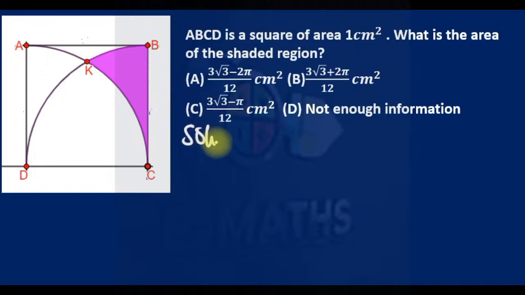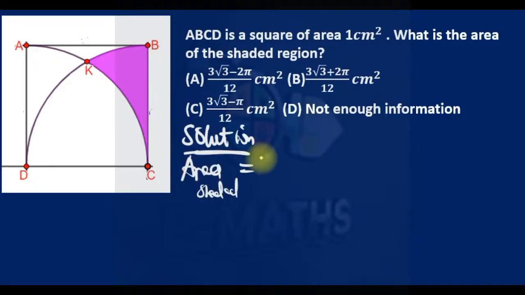So to solve anything of this form, once is a square with this part shaded, the area of shaded region is always equal to a squared over 12 times 3 root 3 minus pi.